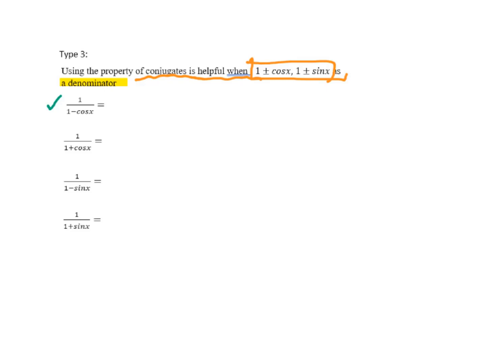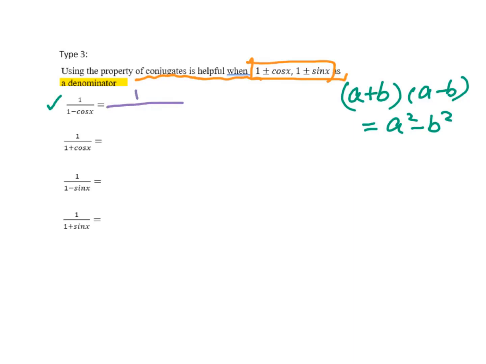Let's work on 1 over 1 minus cosine x. We know a plus b, the conjugate will be a minus b. So we got a squared minus b squared. Therefore, you take 1 minus cosine x times its conjugate, 1 plus cosine x.